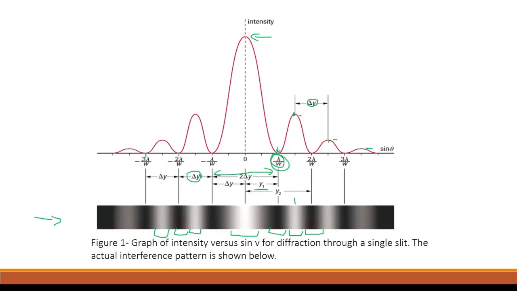And so we made a note that every distance between extrema, like this maxima and this maxima, is y1, or delta y in this picture, as well as that of the dark spots between here and here.